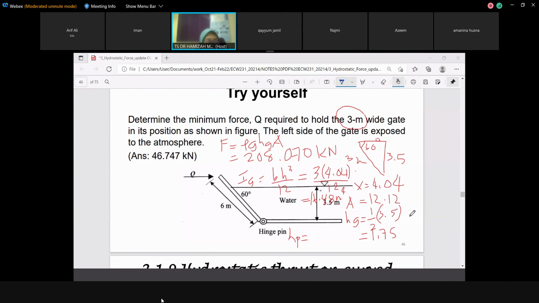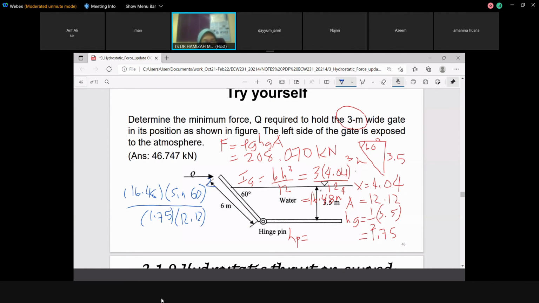Okey, awak kira yang saya tulis 16.48. Darab dengan sin 60 square. Bahagi HG ialah 1.75 darab 12.12.